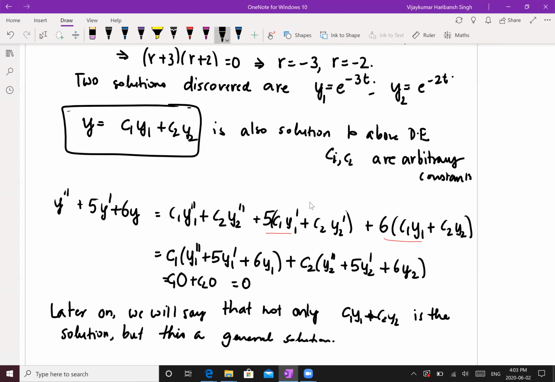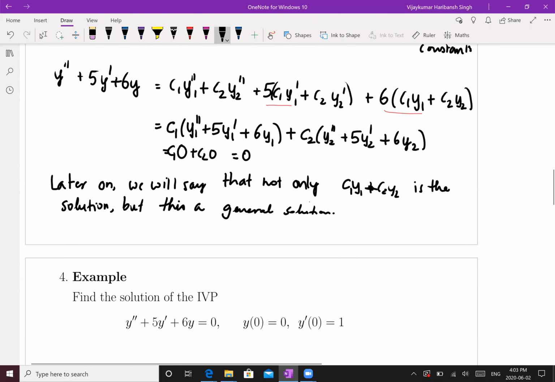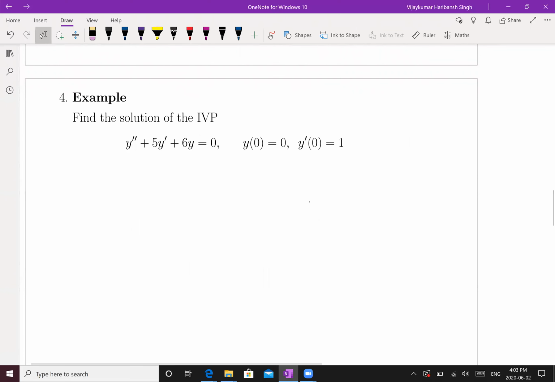We will show this later on when we discuss linear independence and solutions using the Wronskian, but we'll come to that later on.